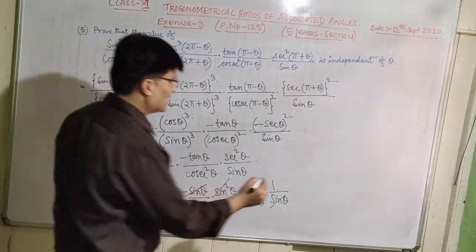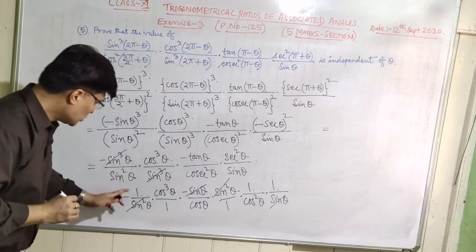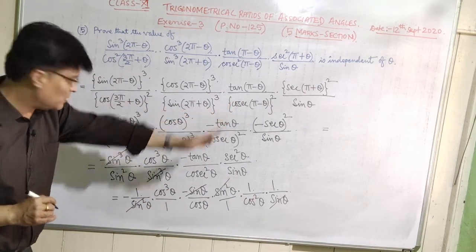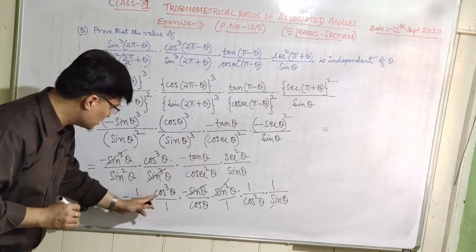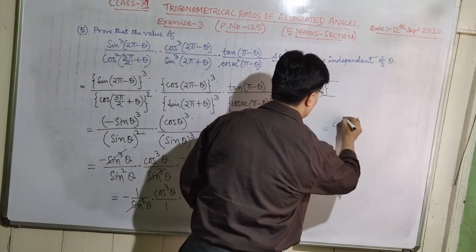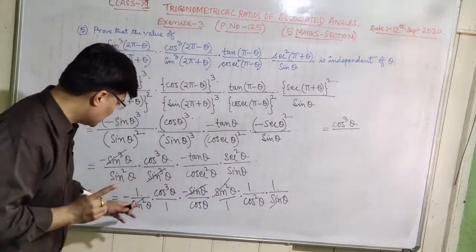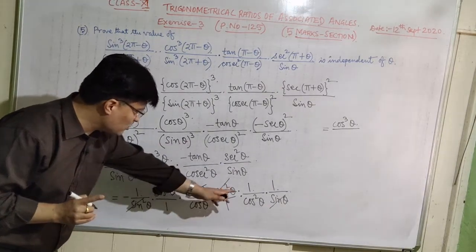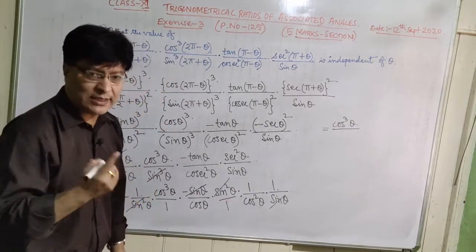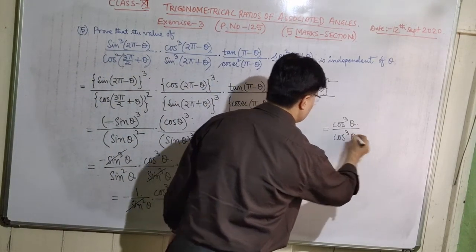Okay. So let us write down the remaining terms, which is equal to, so this minus into minus is plus, plus sign usually we don't write it. Now this is cos cube theta, isn't it? In the numerator we have only cos cube theta divided by, in the denominator it is cos theta into cos square theta, which is always cos cube theta.